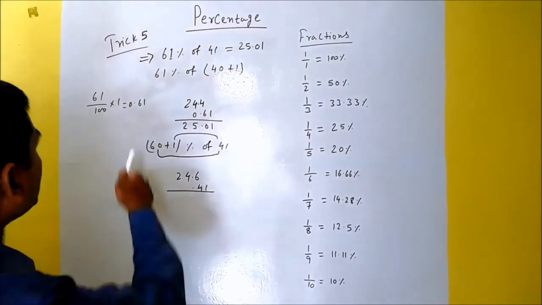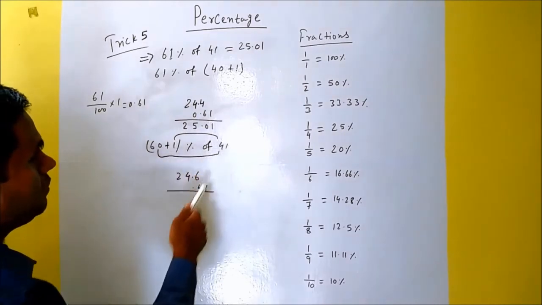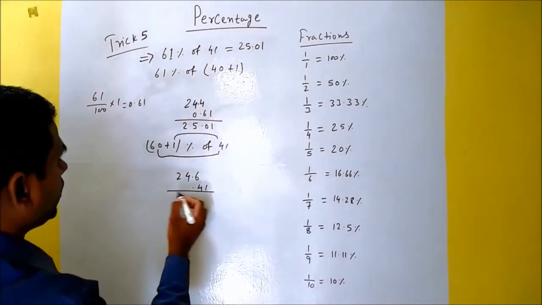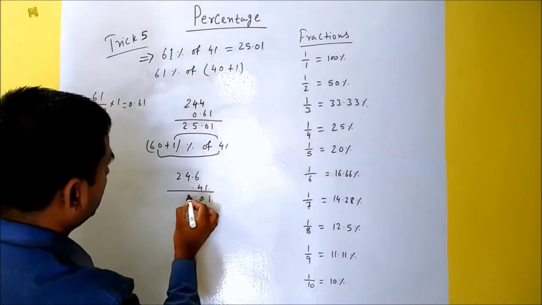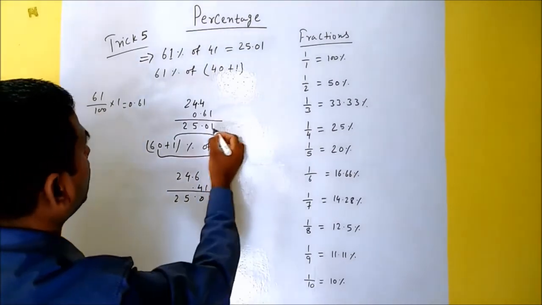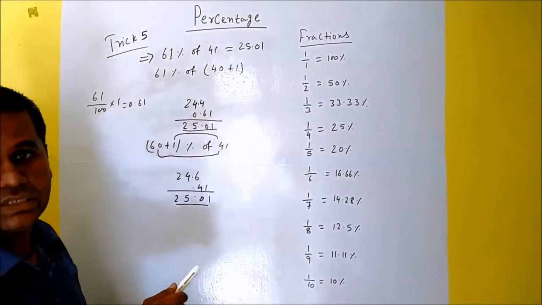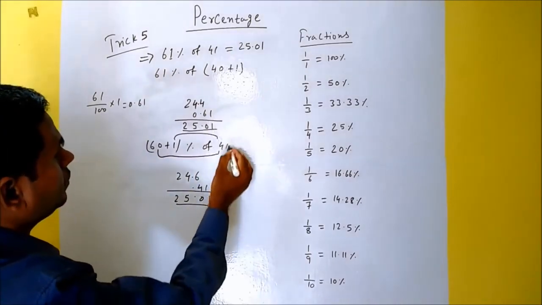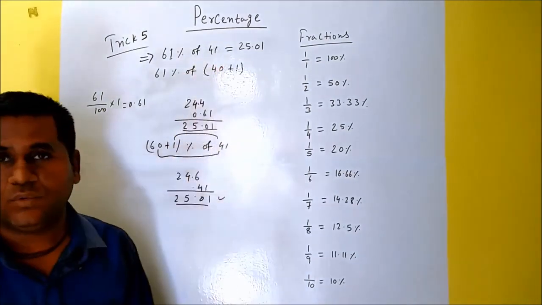Like here we did 1% of 61 is 0.61, so 1% of 41 is 0.41. Now upon adding this, we will get 1, 0, 5 and 2, so 25.01. So either you split this number or you split this number, we get the same result. And this helps us to solve this problem very quickly.